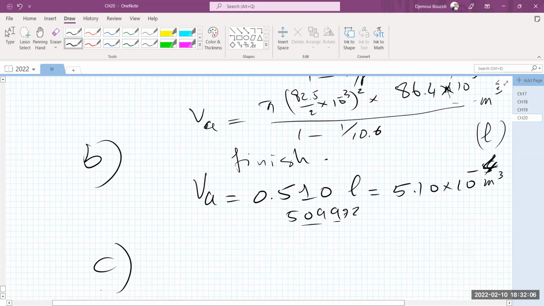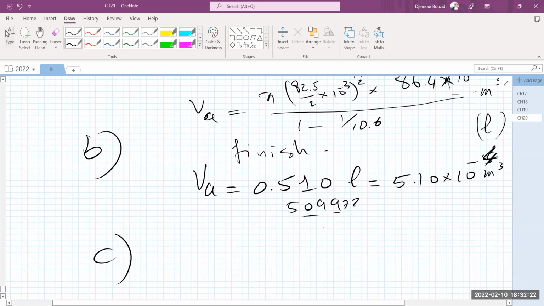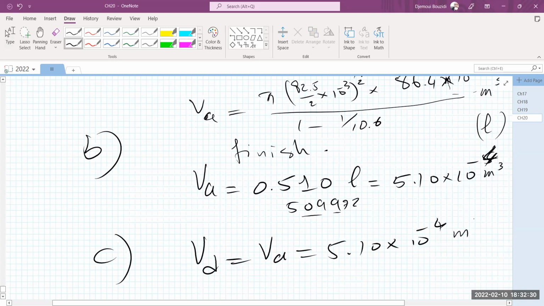Part C. Calculate the pressure, volume, and temperature of the gas at points B, C, and D in the cycle. Well, first of all, we know what VD is. VD is VA, and that is 5.10 times 10 to the negative 4 cubic meters.